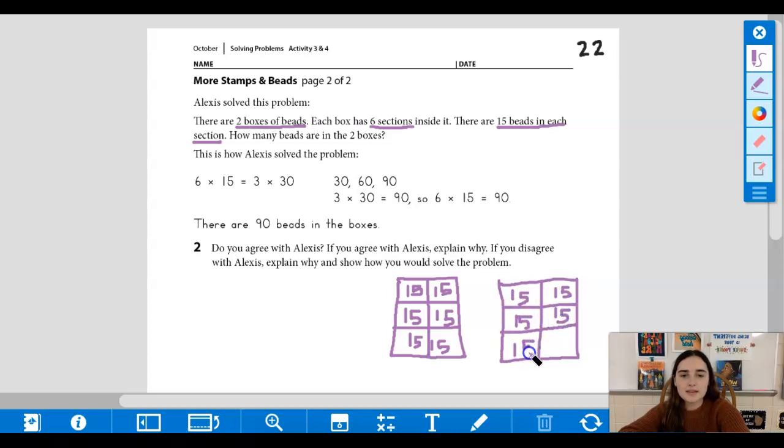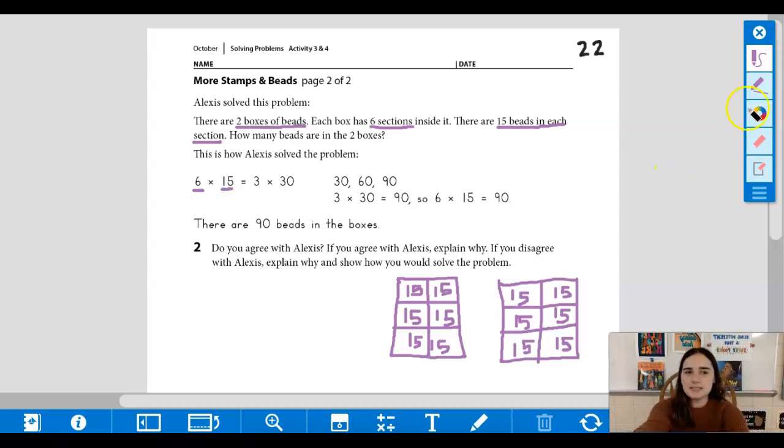In order to see if Alexis solved this problem correctly, it's important that we look at it and try to solve it on our own too, so we can see if her strategy matches our strategy. So let's figure out what she did. It looks like she multiplied 6 by 15. Why do we think she would have done that?